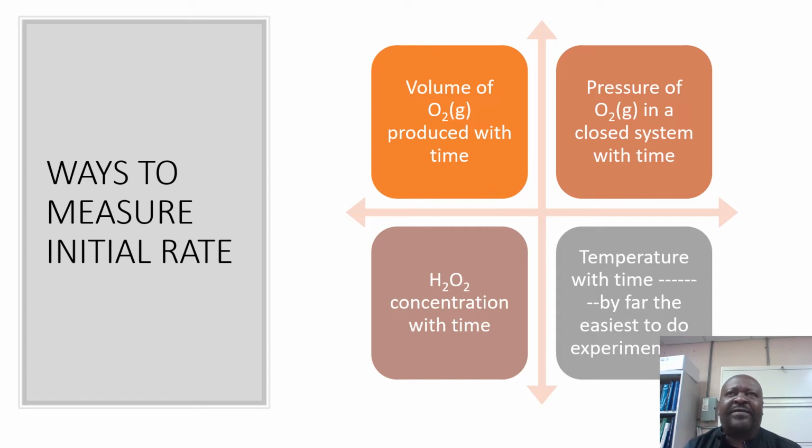You could, if you knew how, determine the concentration of hydrogen peroxide with time. Yeah, can do that. You can measure the temperature with time, and that turns out to be so much easier. And so we'll do that. Easy is good. All right, moving along, my friends.